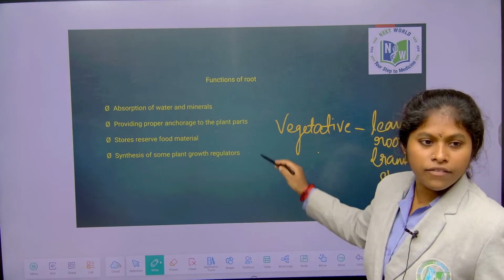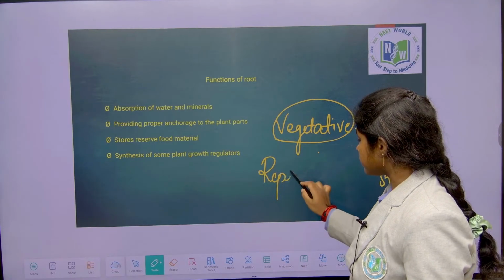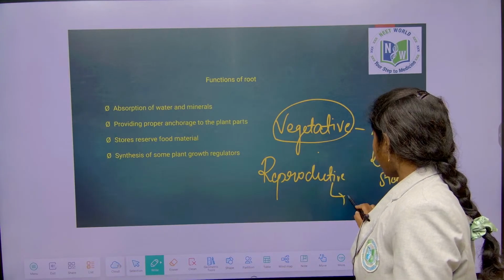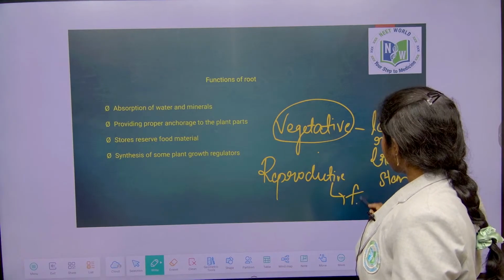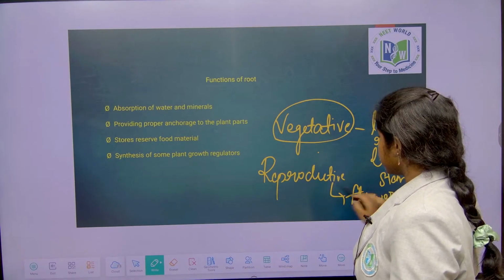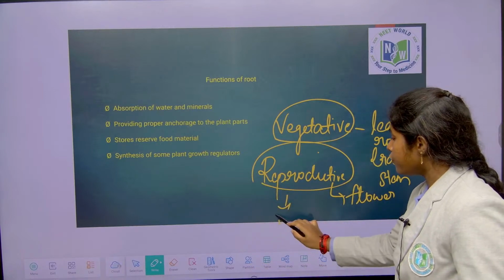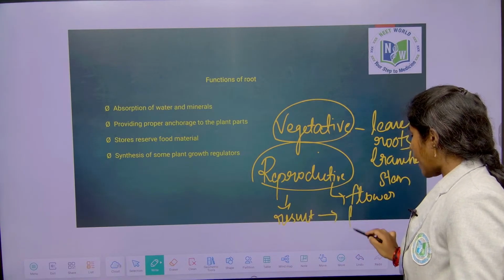These are all vegetative parts. Tell me, what are the reproductive parts? Flower is the reproductive part. What is the product of reproductive parts? Fruits. Yes, fruits are the result of flower. The result of flower is nothing but fruits and seeds.